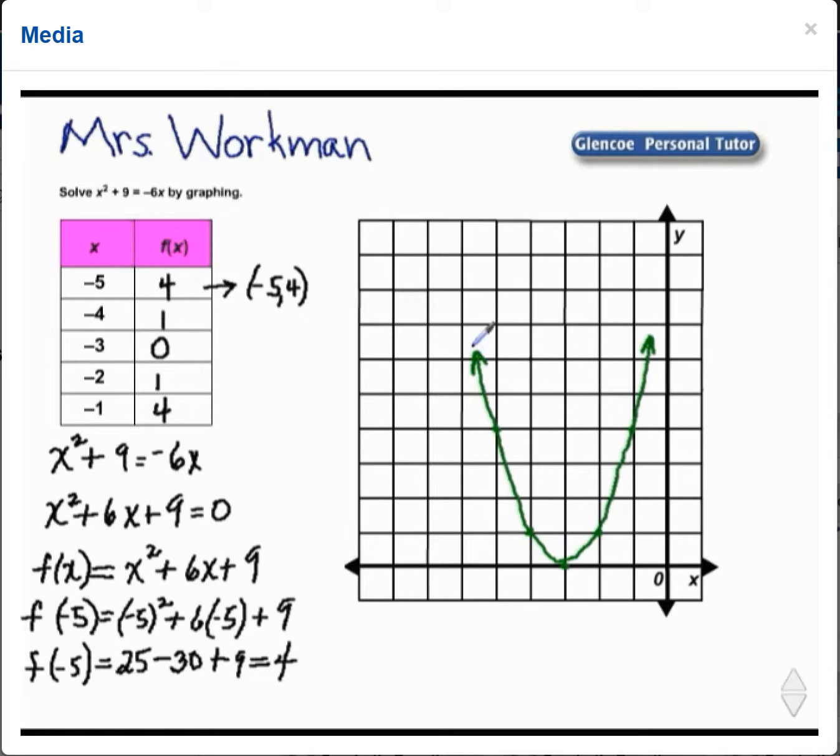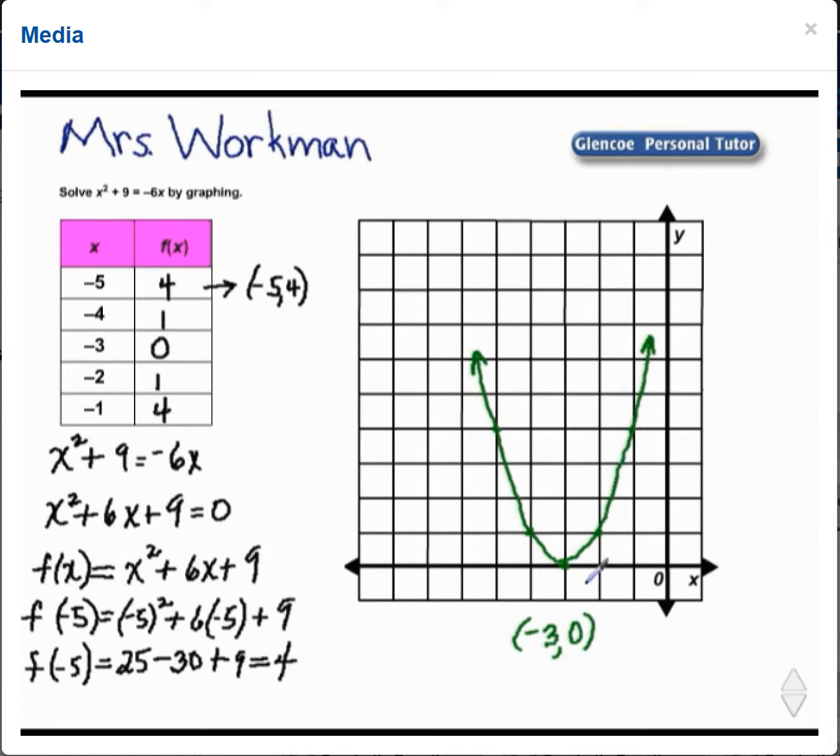Now, when we started this strategy, I remembered that the x-intercepts of a quadratic function are the solutions to the related quadratic equation. So I'm looking at this point right here, negative 3, 0. It is the only x-intercept for this parabola.